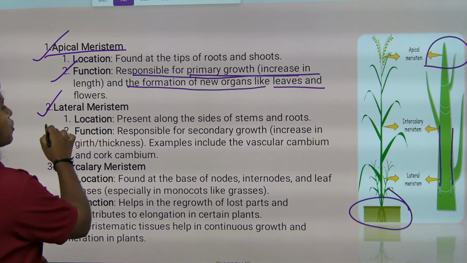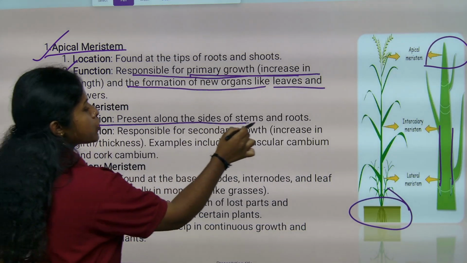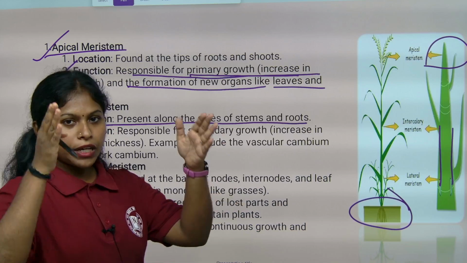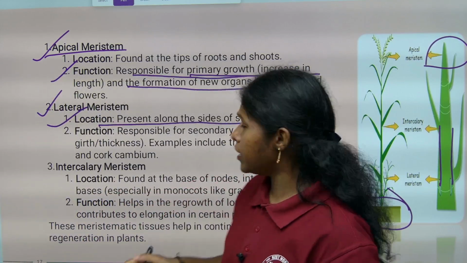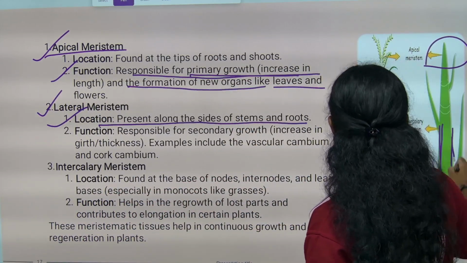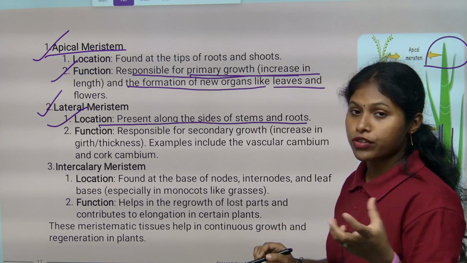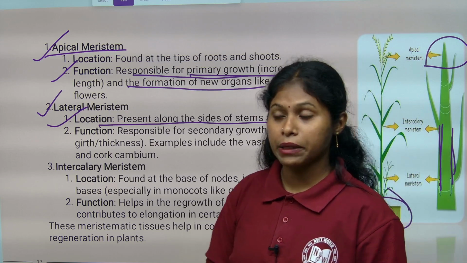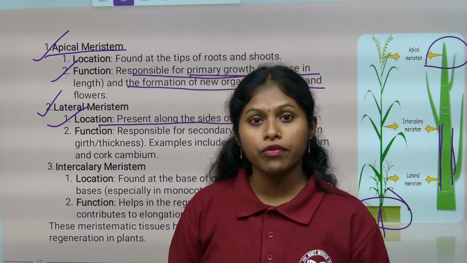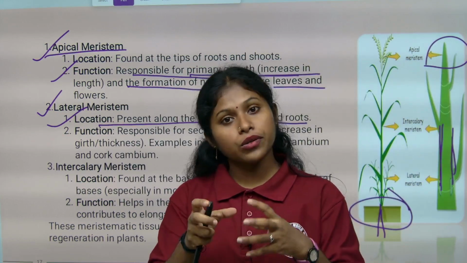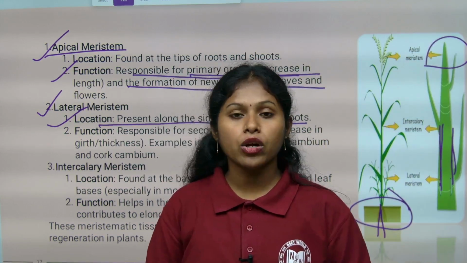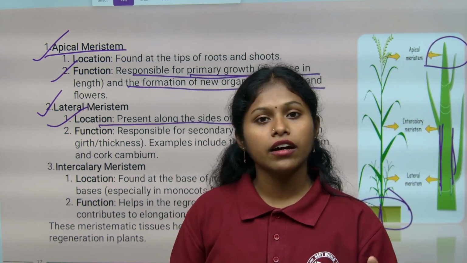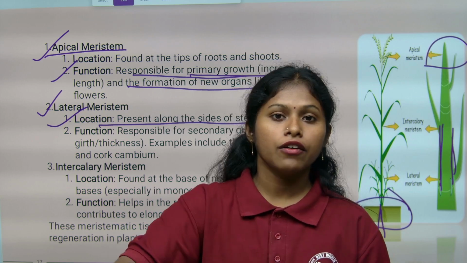Here, see, what is the location? Present along the sides of the stems and the roots. It is present on the sides of the stems and also the roots. So sometimes you see the width of the root in big plants. In giant plants we can see that the roots are also very big, right? Because roots also have the lateral meristem, which is involved in growth.